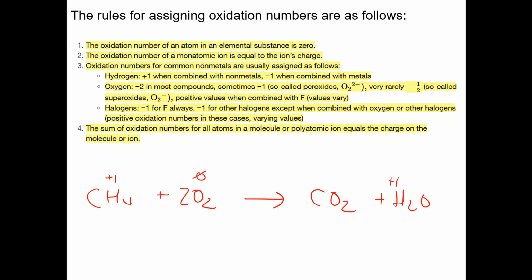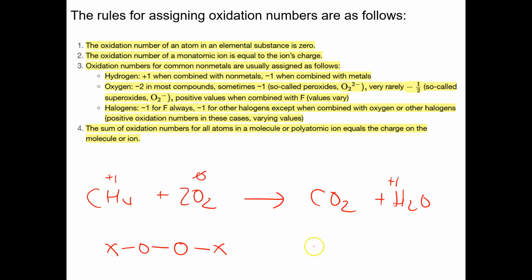The next rule has some exceptions to it, and we'll talk about those in a little bit of detail. It says oxygen in most compounds is -2. In peroxides, it's -1. Peroxides are compounds where we have 2 oxygen atoms connected to one another in a series.